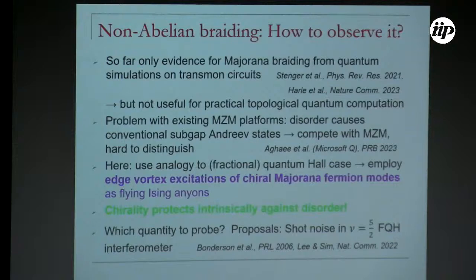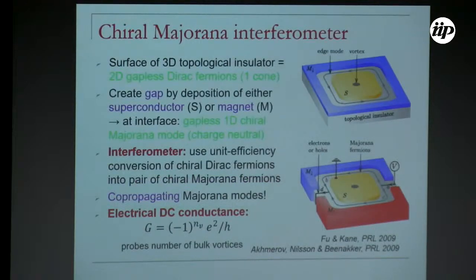Now there is a certain difference from the devices I will consider, which in our case allows us to make a simpler proposal. And our proposal is basically relying on chiral Majorana interferometers, and they go back to proposals by Fu and Kane, and Akhmerov, Nilsson and Beenakker.